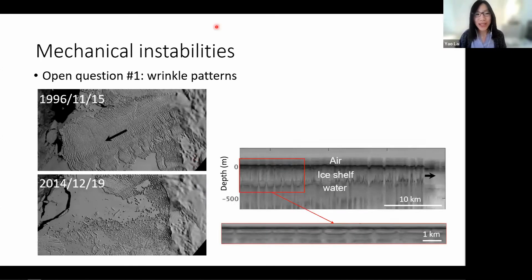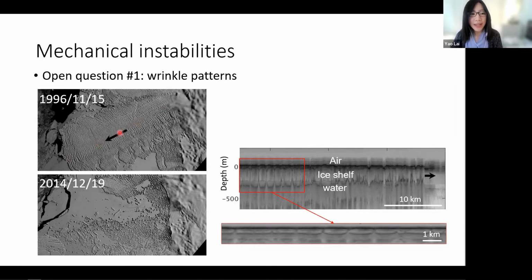For the next 5 minutes, I thought I would use this opportunity to pose 2 unsolved questions that I think will really benefit from the expertise of this audience. The first open question is related to mechanical instabilities. Here is the top view of Thwaites Glacier, and ice flows from the upper right to the lower left.